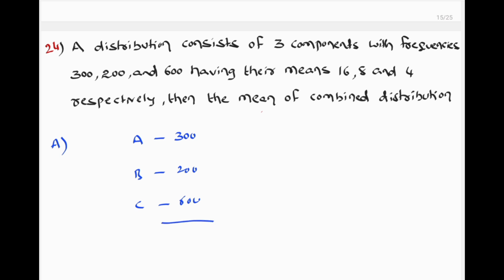So total frequency will be 1100. What is the mean of these 300 frequencies? That is 16. Mean here 8. Therefore here it is 4.